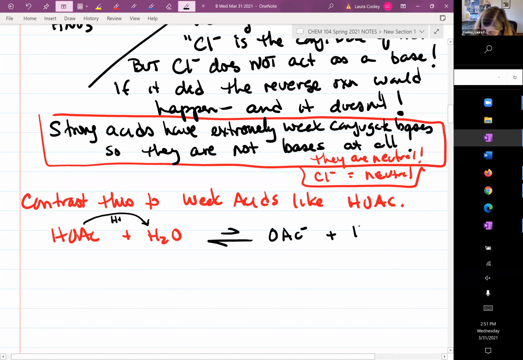You get acetate and H3O plus. Well, if the back reaction is overwhelming, way more than the forward reaction, that means this proton is going from H3O plus to acetate, and this happens a lot.